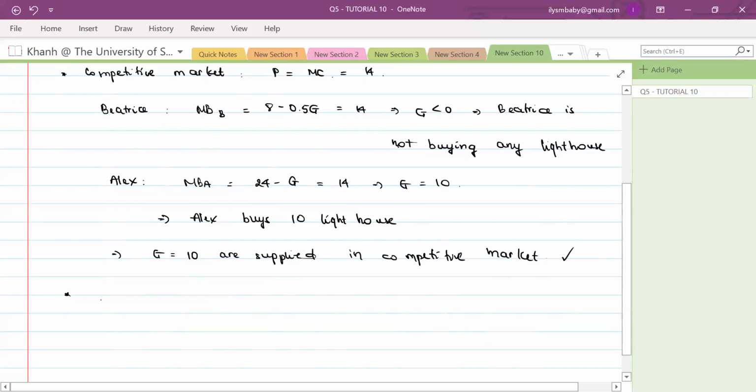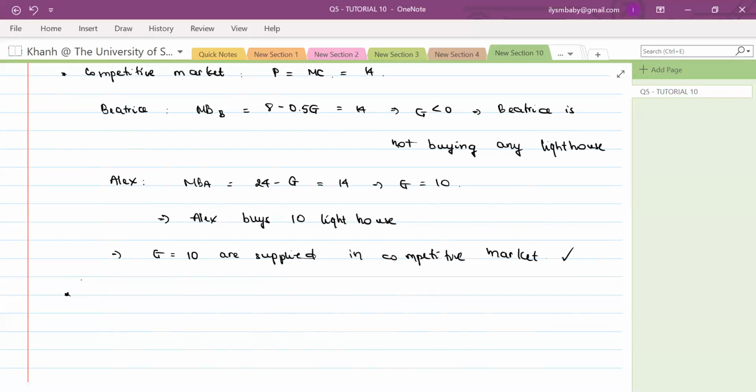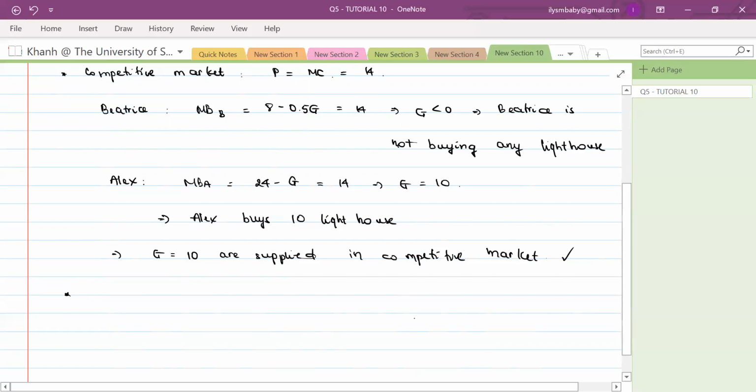Now we have to treat the lighthouse as a public good, so to find the aggregate demand, we add the marginal benefit of each consumer at a certain level of output to see how much the product should be charged, given that it provides benefit for all the consumers in the society.